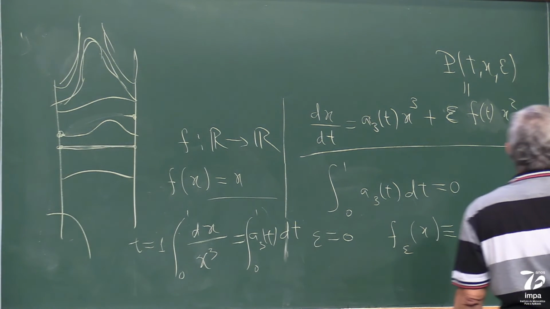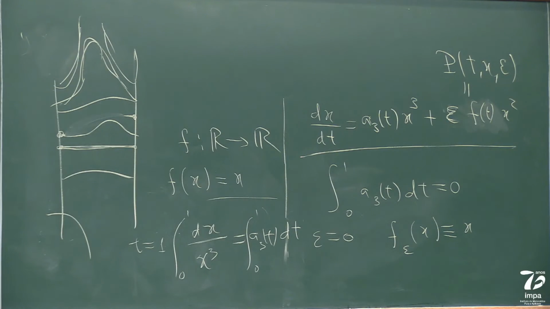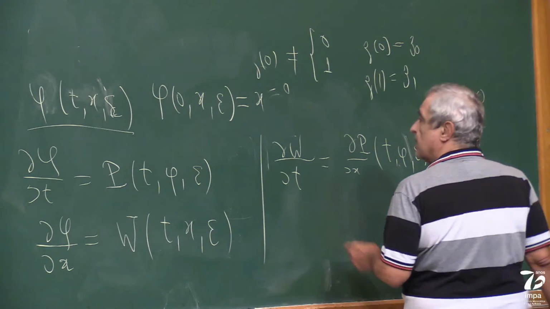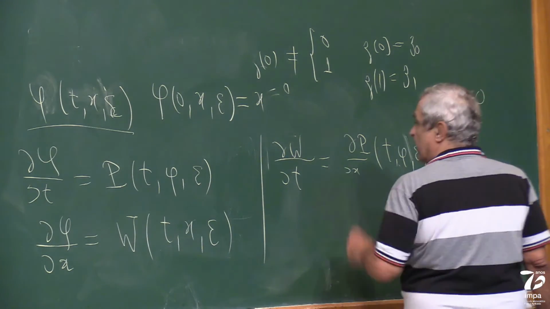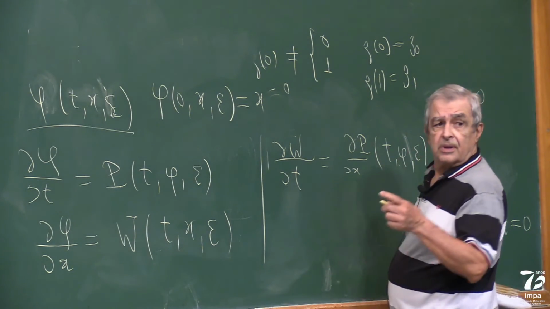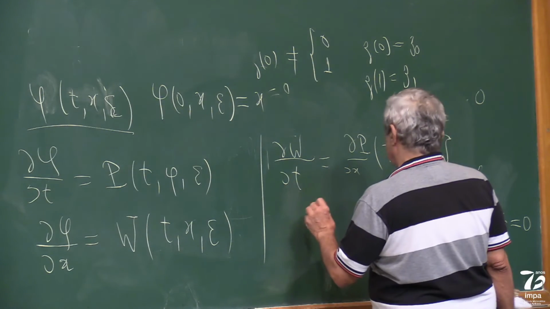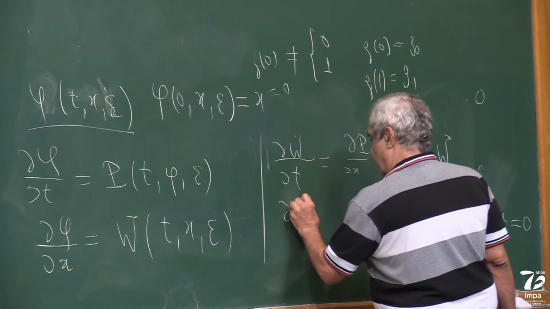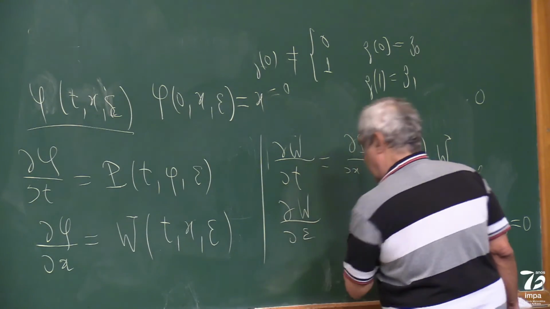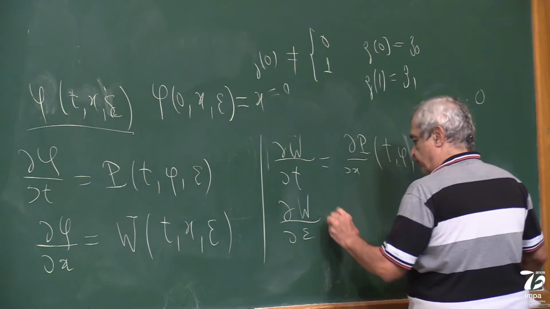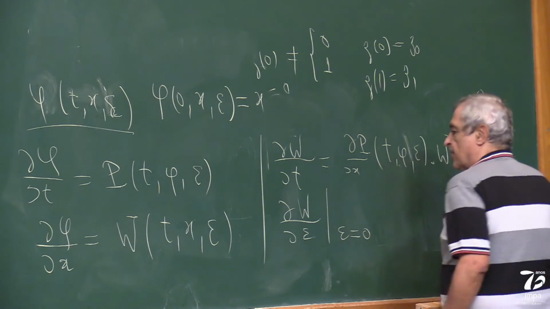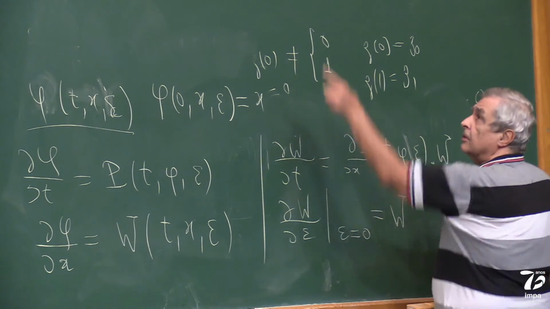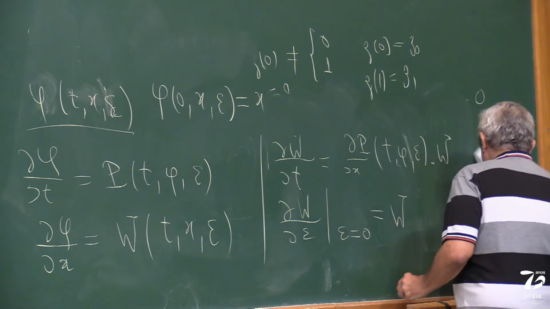In fact, this W is what you get when you take the derivative with respect to epsilon, at epsilon equals 0, and that is the W on the blackboard.